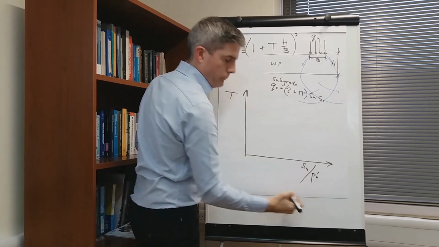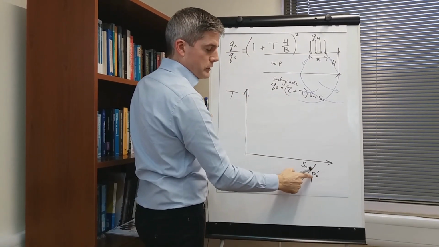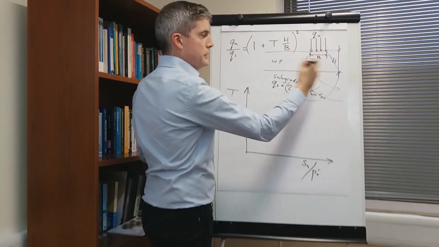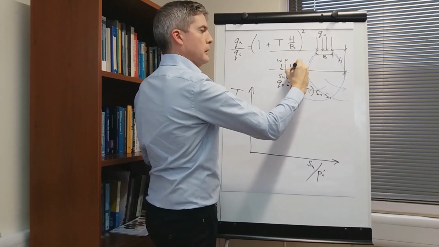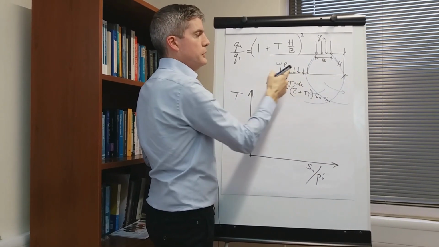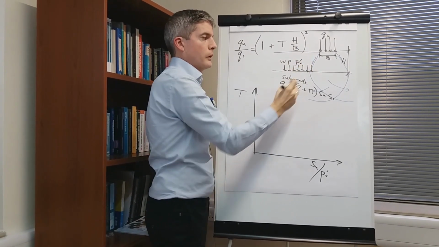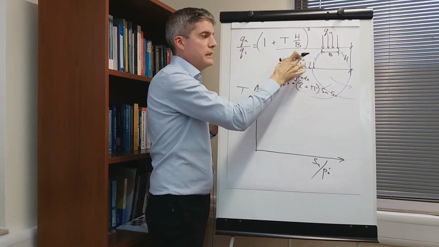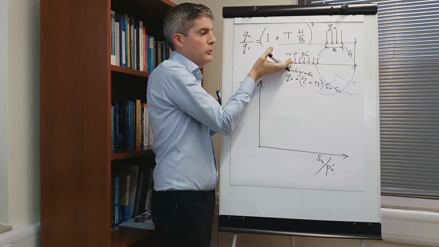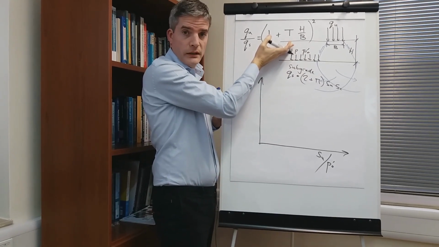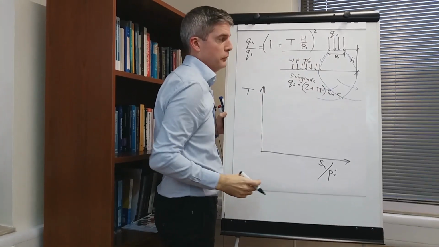We have this expression P prime 0, the effective stress on the top of the subgrade due to the self-weight of the platform. And because it's in terms of effective stress, it even takes account of cases where we have groundwater and saturation within the platform.